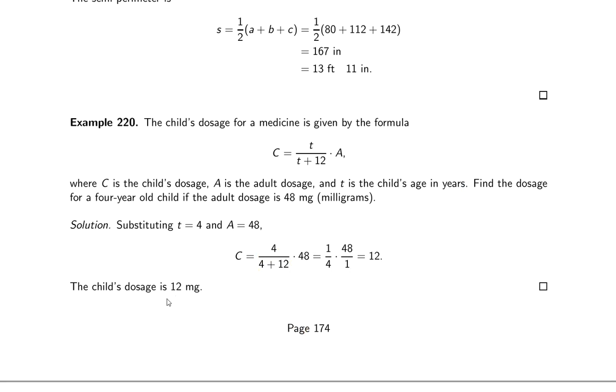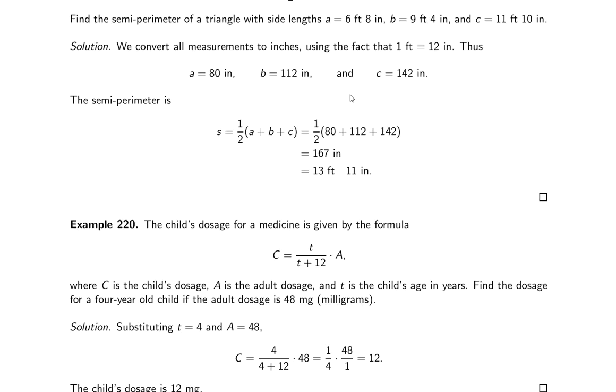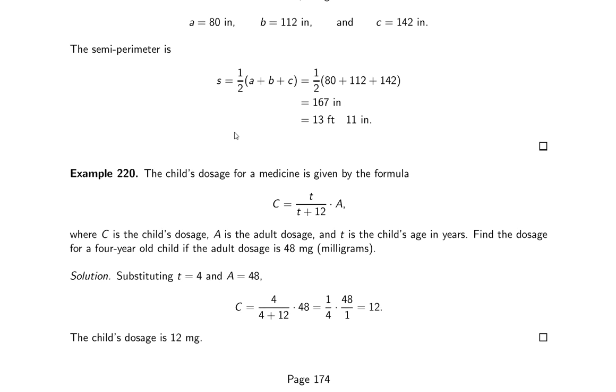Okay, so the child's dose of this medicine should be just 12 milligrams. Certainly we're expecting a number less than 48, since 48 would be the dose for an adult. So for a 4-year-old child, it goes down to 12 milligrams. All right, so that's evaluating algebraic expressions and the same thing for formulas.